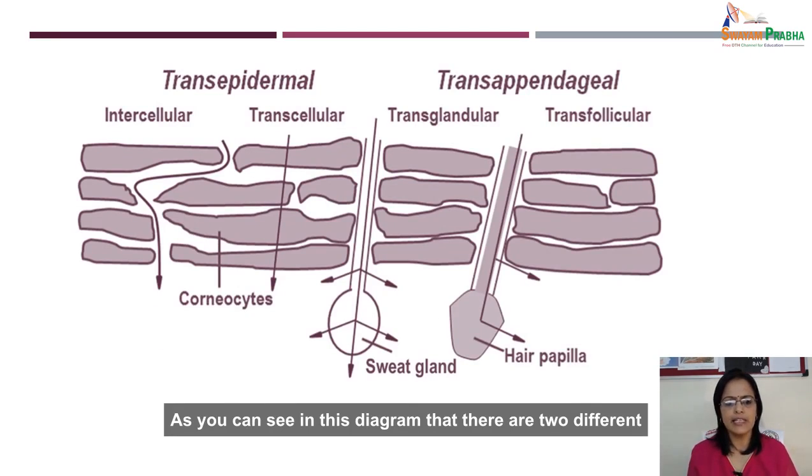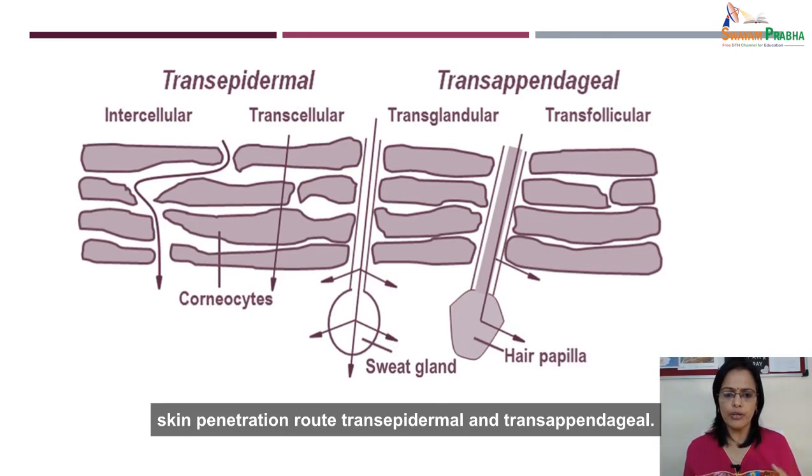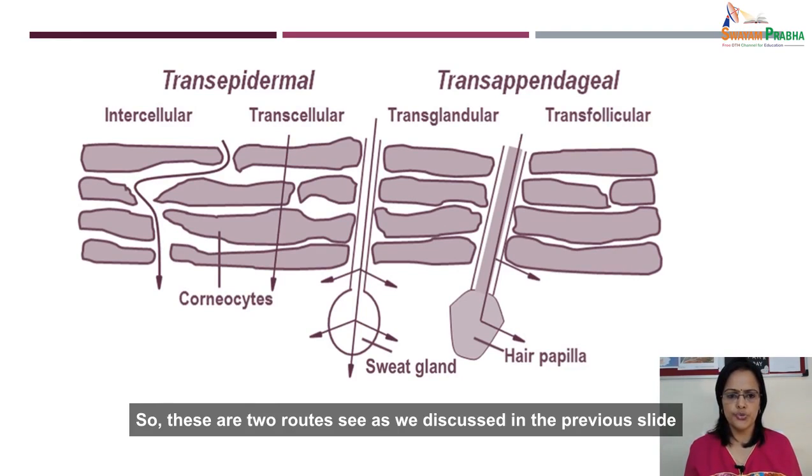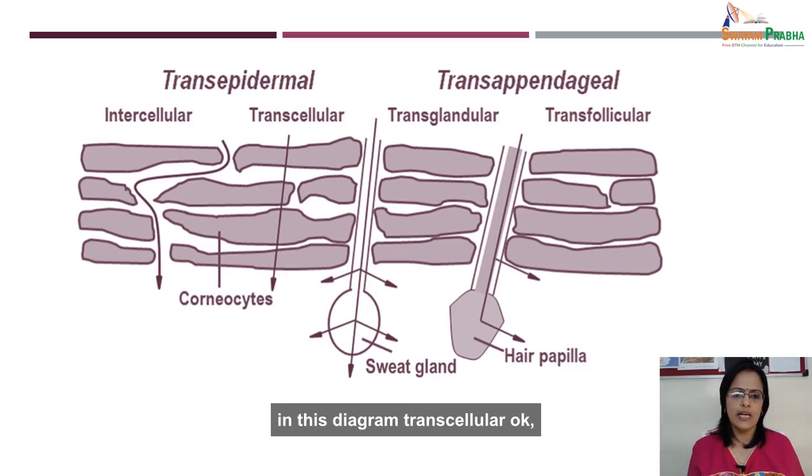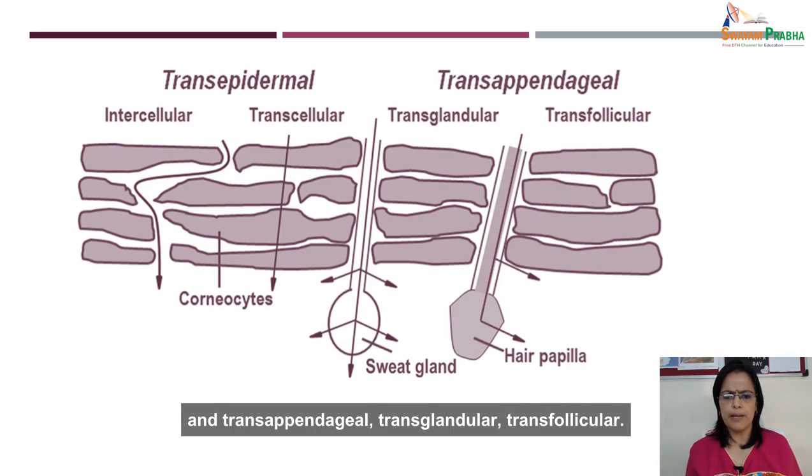So as you can see in this diagram, there are two different skin penetration routes, transepidermal and transappendageal. So these are two routes. As we discussed in the previous slide, in transepidermal there are two ways, as you can see in this diagram: transcellular and intercellular. And transappendageal has transglandular and transfollicular.